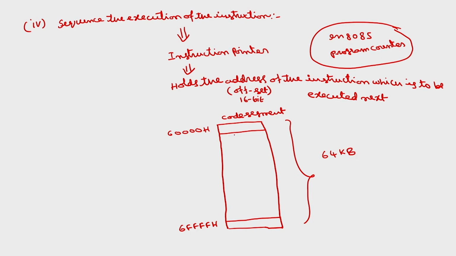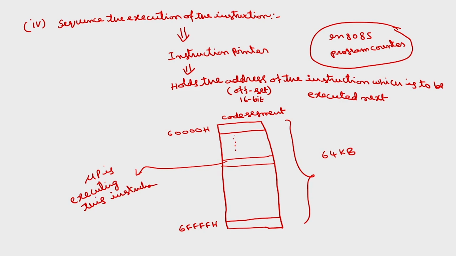Suppose the microprocessor is executing the instruction stored in this location, whose address is some 65234H.